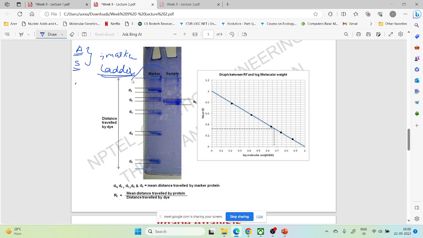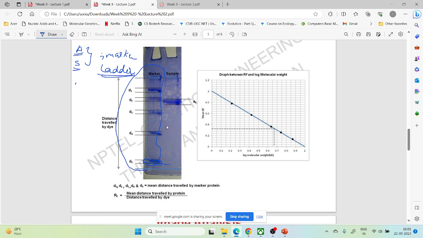But this marker is provided by a company. It is a professionally made marker. So it is already known that this band will correspond to this weight, this band will correspond to this weight, and so on. This information we already have.